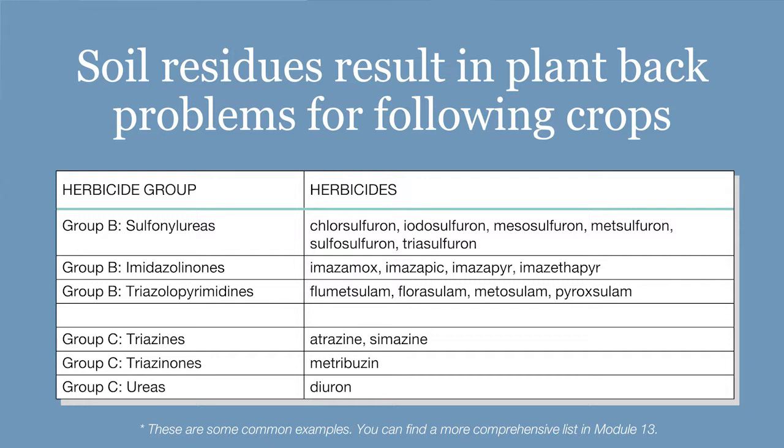And there is a wide range of herbicides for which we do have plant back or potential plant back issues. These are some of those herbicides. So in fact, all of our Group B herbicides, the sulfonylureas, the imidazolinones, the products like flumetsulam and so on. We also have it with our Group C herbicides, with the triazines, the triazinones and the ureas.